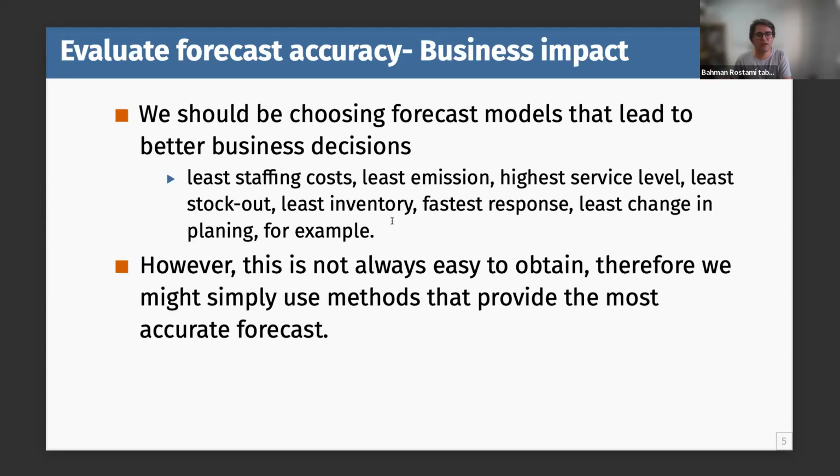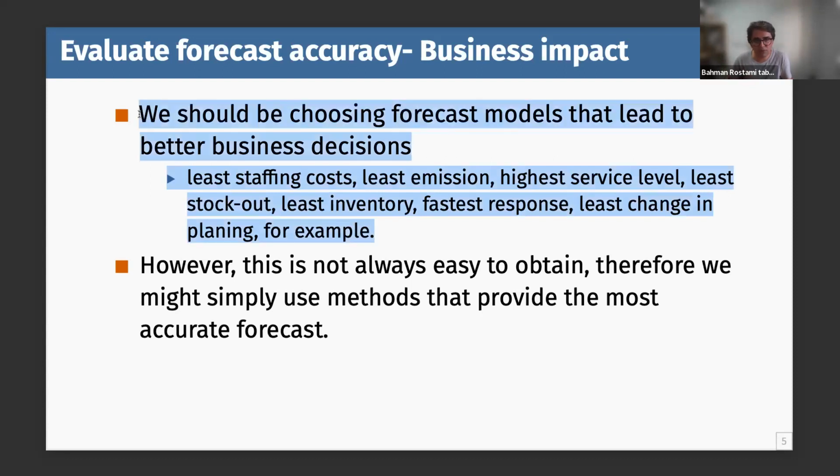So if I care about a model that gives me a good staffing cost, least CO2 emission, high service level in my replenishment, less stock out, less inventory cost, fastest response, these are what I care about at the end. These are the performance measurements for my business. So I need my forecast to contribute to that. But actually, this is not quite easy in many cases to calculate or understand. So that's why we don't talk about it here, but I want you to have it in your mind that forecast accuracy should lead to something that the business cares about.